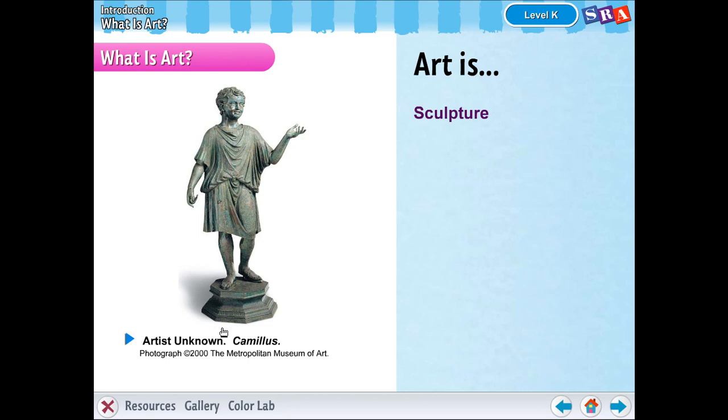Some of your little toys that you play with at home, like your little action figures, can be considered sculptures. Or some of you have figurines or sculptures that your mom probably has in her cabinets. And this is a big statue, and it's also a sculpture, and it says unknown artist, which means they don't know who made it. This is just a photograph of a sculpture.